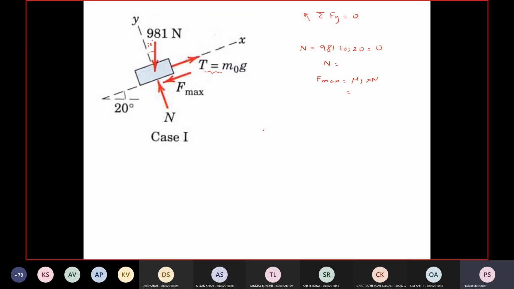Now write the equation for summation Fx is equal to 0, up the inclined plane positive.